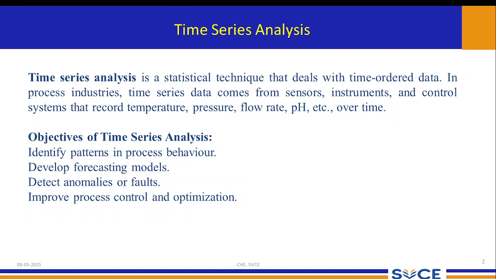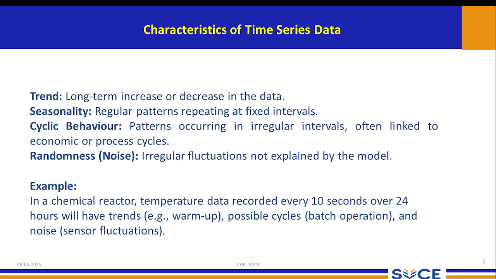Meaning to say, this data will help you to forecast the model, to understand how the temperature is varying inside the reactor with respect to time, and also to detect the variation, anomalies or faults which may come because of some unwanted process or unwanted noise. Detecting anomalies and improving process control and optimization lets us do predictive maintenance.